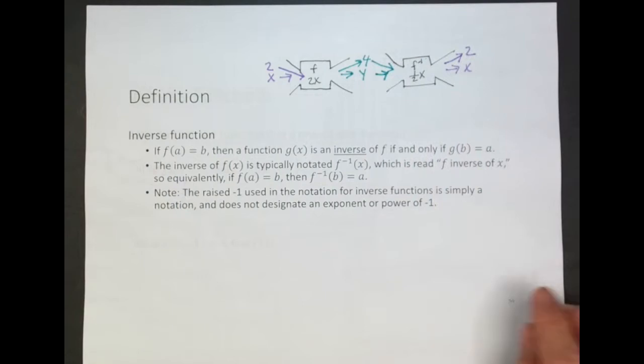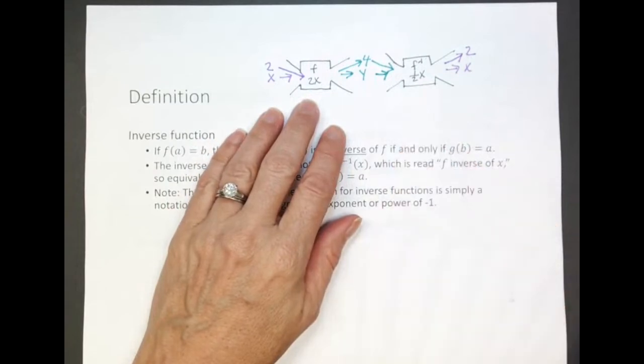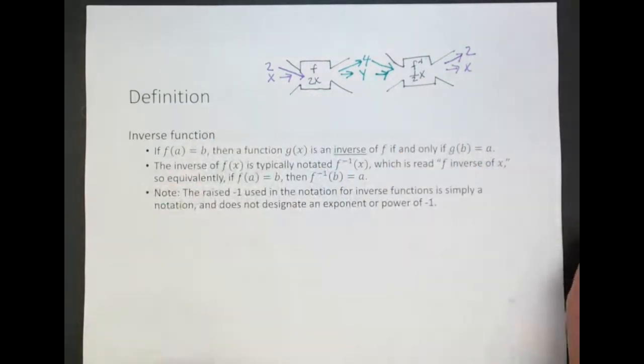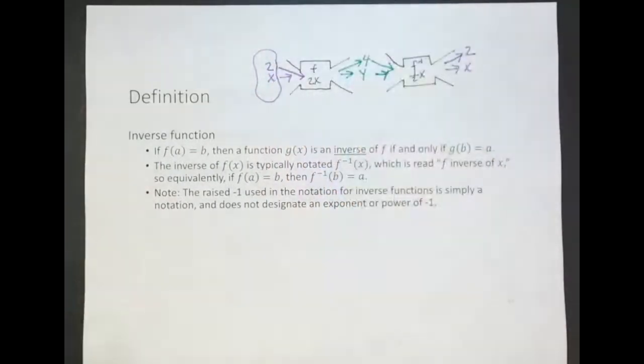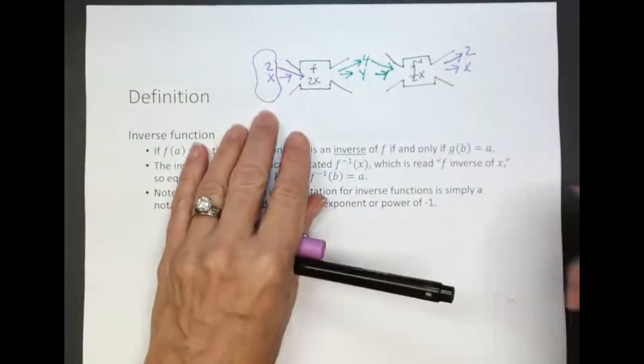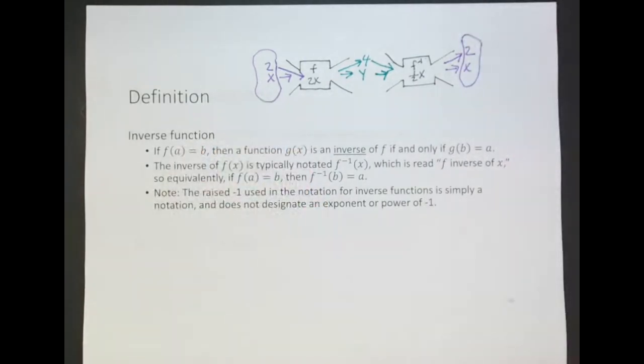So in other words, a function and its inverse swap domain and range. The domain of a function, that's the set of all possible inputs to a function, is going to be the range of its inverse.